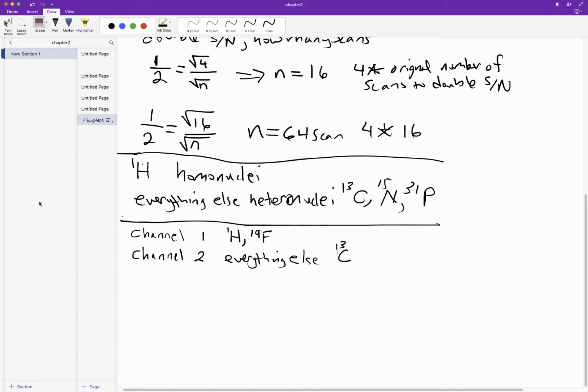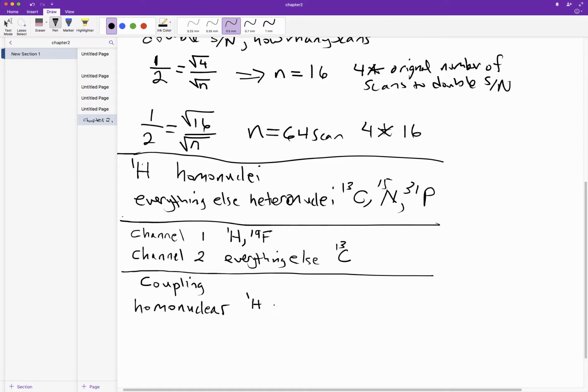The next thing is coupling. You can have homonuclear coupling, which is coupling between the same type of nucleus, and typically that is between a proton and a proton.